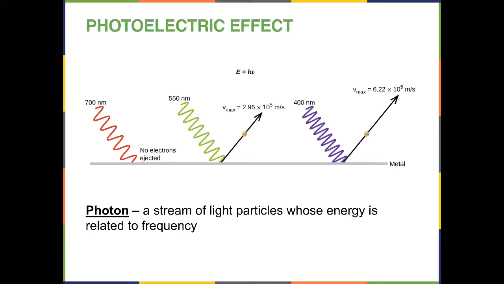And you'll notice the speed is greater the higher the frequency, because the energy is related to the frequency. This formula says that the energy is equal to Planck's constant, or h, times the frequency, or equal to Planck's constant times the speed of light divided by the wavelength.